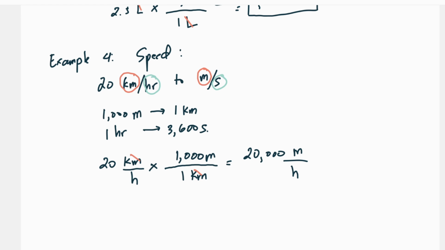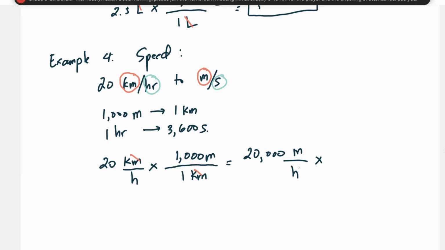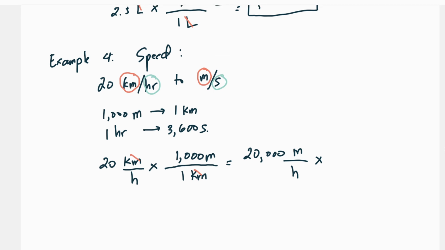Now, the next thing that I would like to convert is, of course, hours to seconds. So in this case, since our hour is now located on the denominator side, I would need to write the hour unit on the numerator side so that I could cancel the hour unit. So in this case, I'm going to write here 1 hour is equal to 3,600 seconds.